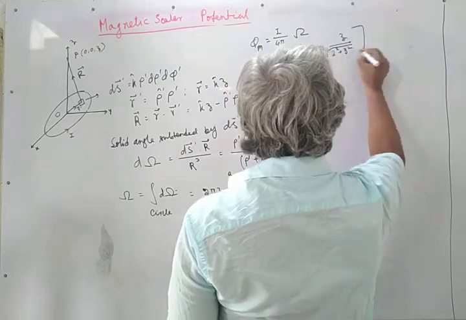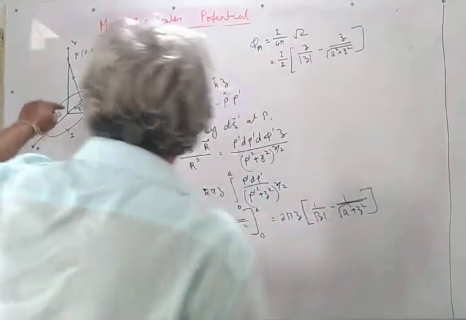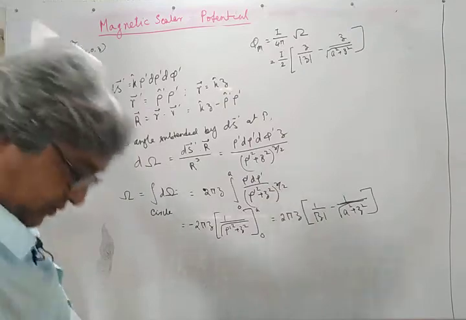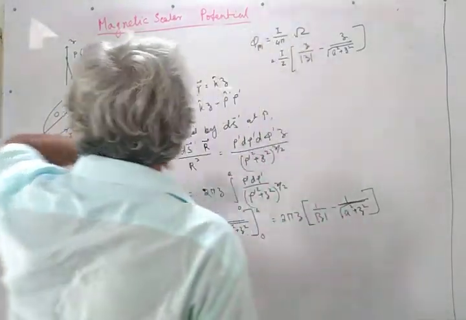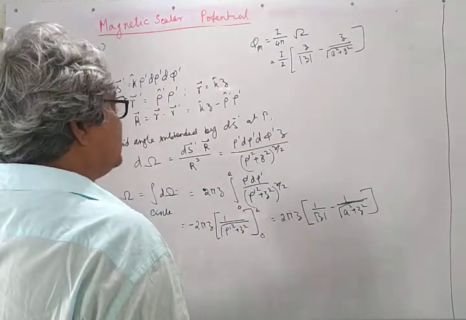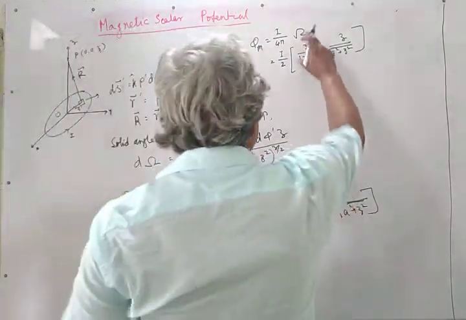If the point of observation lies on the positive z axis, then this is plus, and if the point of observation lies down the z axis, this part is minus.